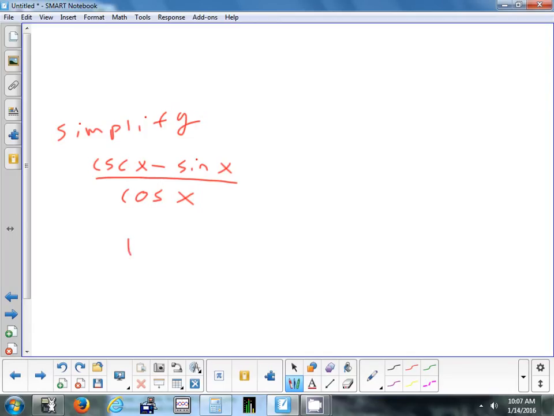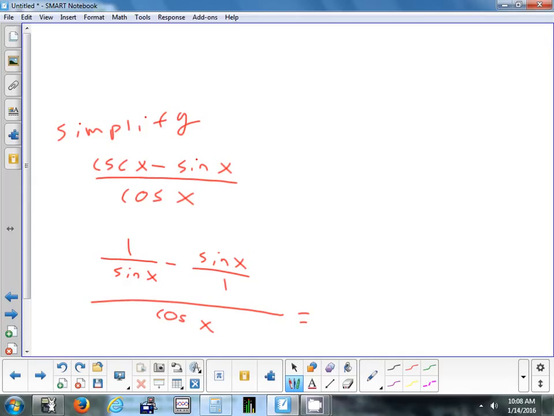So we would have 1 over sine minus, I'm going to write that as a fraction, sine over 1, divided by cosine. Now, the only thing I can really do is find a common denominator in the top and then hope that something just works out from there.